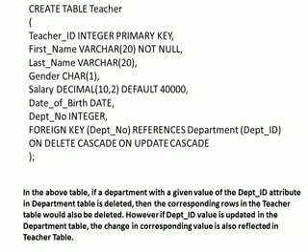Suppose 102 has been changed to 110, so in this teacher table also that becomes 110, so that will be updated. But in the case of set null, if department ID 102 changed to 110, here 102 becomes a null value. That's it. So that was the difference between these two actions.